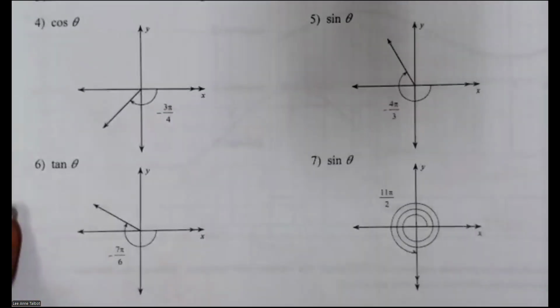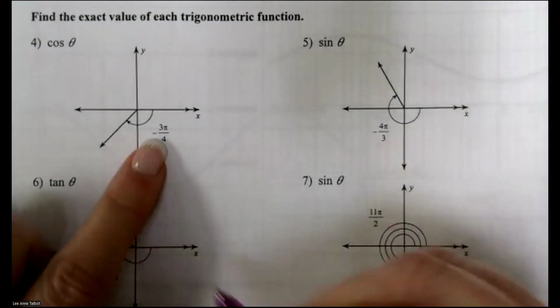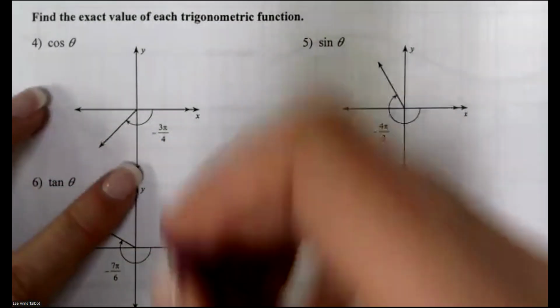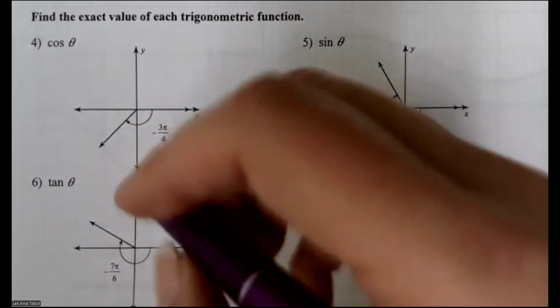Okay, moving down here. Find the exact value of each trigonometric function. All righty. So on these problems, it's very simple. This is exactly what we did in those 12 warm-ups. It just doesn't look like it.